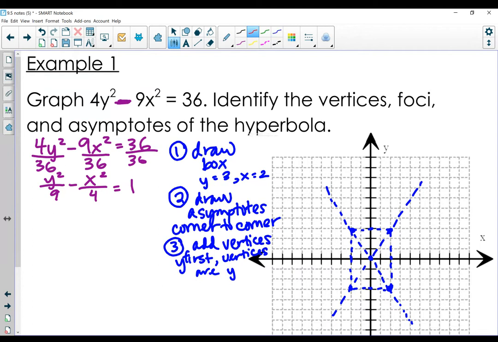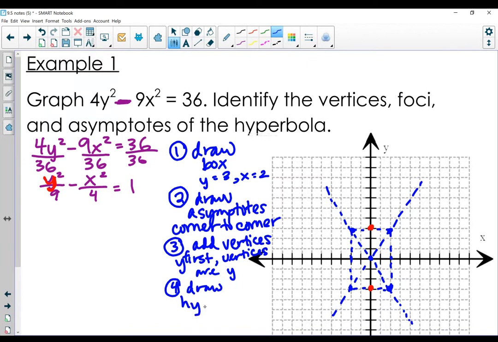So I'm going to change to a different color here. I'll have one vertex right here and the other one right here. So it's on that box, but we don't have 4 of them. We're only drawing them on the side that we open to. And since y is first over here, our transverse axis will be vertical. We're going to put everything on that y-axis. For step 4, we're going to draw the hyperbola.